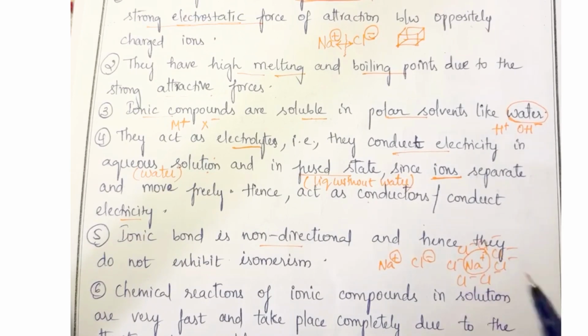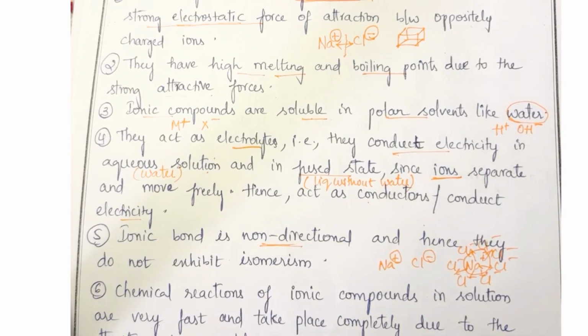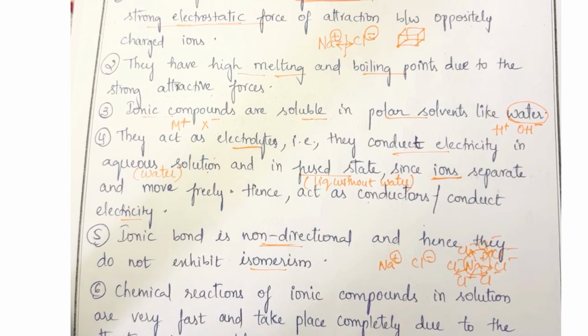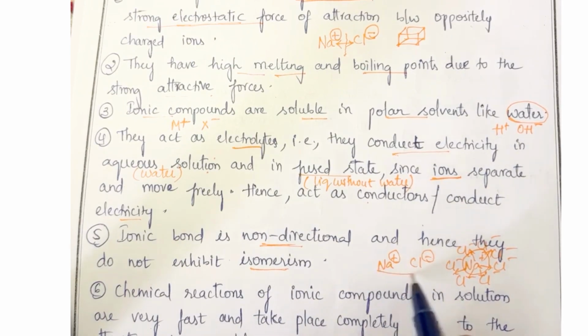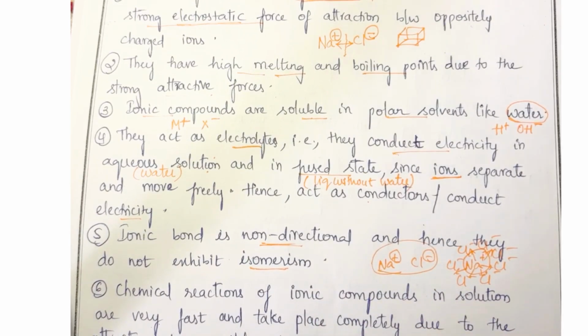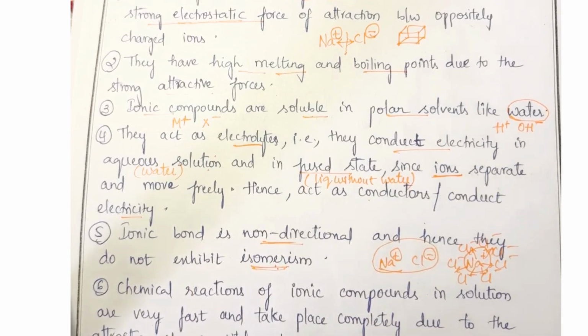Since the negative charge or the positive charge is in all directions, ionic bond is considered to be non-directional and hence they do not exhibit isomerism. What is isomerism? They do not exist in multiple forms. NaCl can be written only as NaCl. You cannot write it in any other way. Such a property is called isomerism. It is absent in the case of ionic compounds.